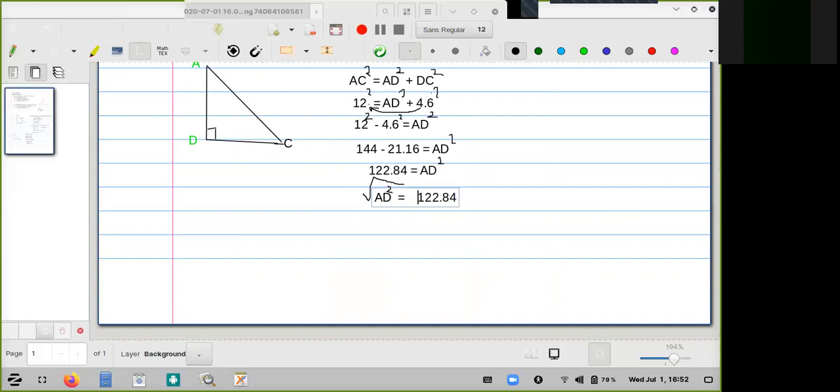Whenever I'm putting a square root sign, I must make sure that I put plus or minus outside, because there are always two answers that I can come up with.